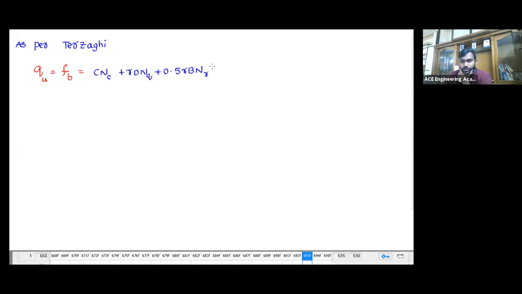Okay. So now here, this is general equation. Don't apply any factors like circle or something like that. This is the general equation as per Terzaghi.